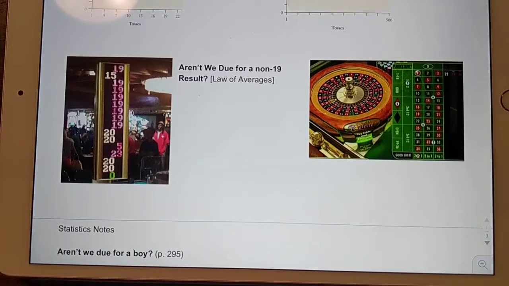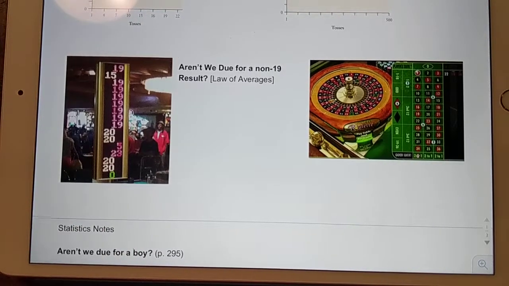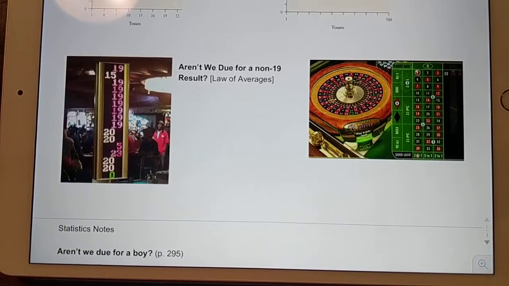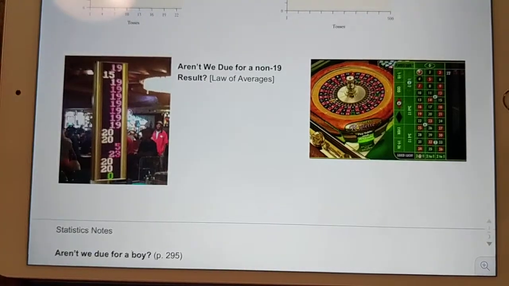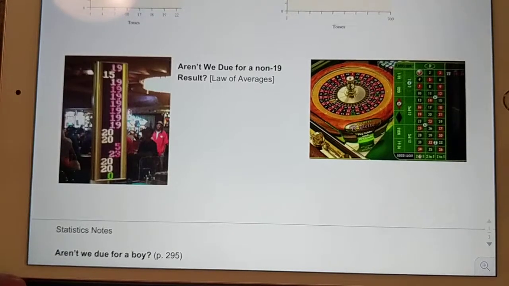So somebody walks up here and says, "Oh, I see all these 19s. I know it's definitely not going to be a 19, or I'm due for a 20." They try and trick people into thinking that they're going to hit this next number, and they're giving the answers away. In actuality, the law of averages kind of tricks people into believing that because all these 19s just showed up, I'm not going to get a 19 for sure.